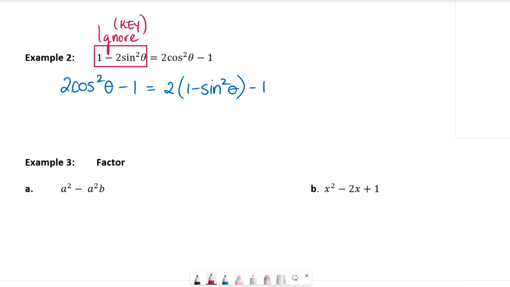I just replaced cosine squared theta with what it's equal to in the formula sheet. I am going to distribute because my final answer in that red rectangular box has no parentheses. So let's get rid of these parentheses: 2 minus 2 sine squared theta minus 1.